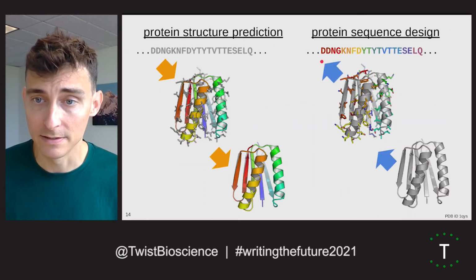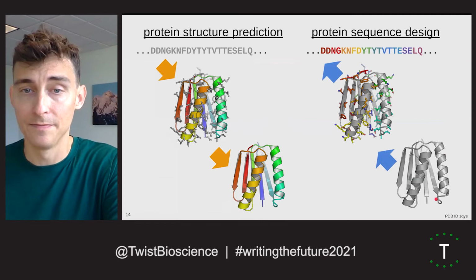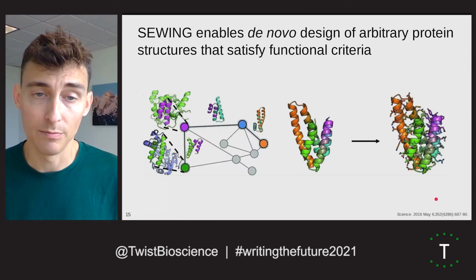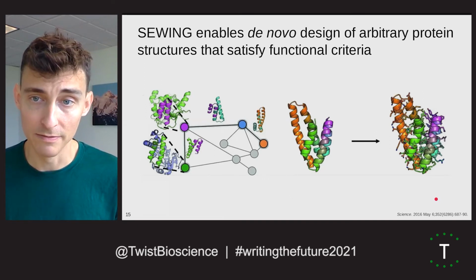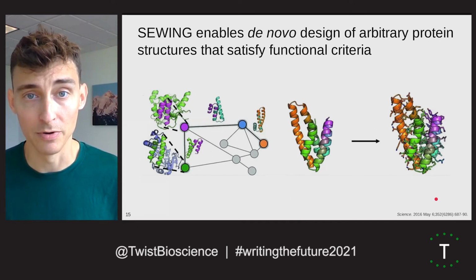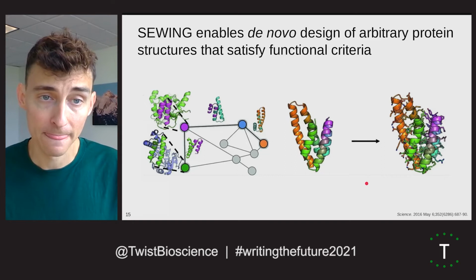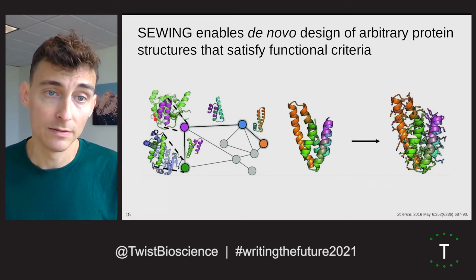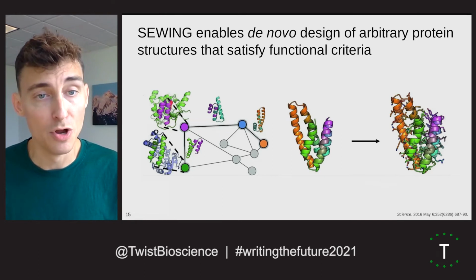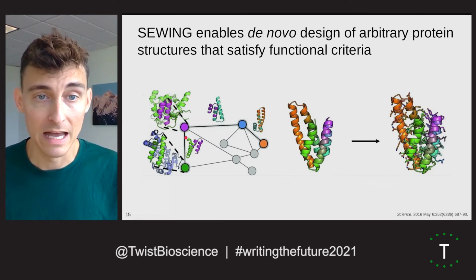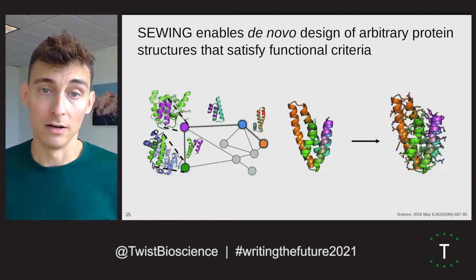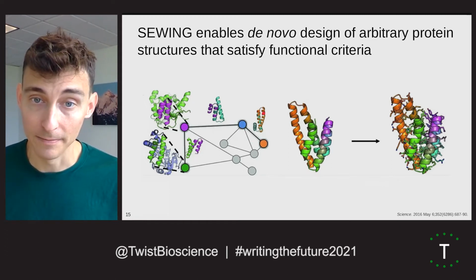But how do we get this backbone? And so for this, we use a method called sewing, originally developed in Brian Kuhlman's lab at UNC, and that we've extended here at the Institute for Protein Innovation in Boston. And so sewing works by taking fragments of known protein structure and aligning them together to create new topologies that are unlike anything that has existed before.